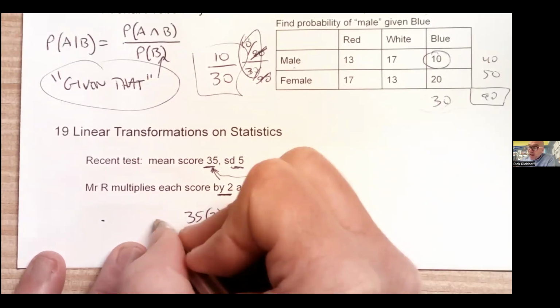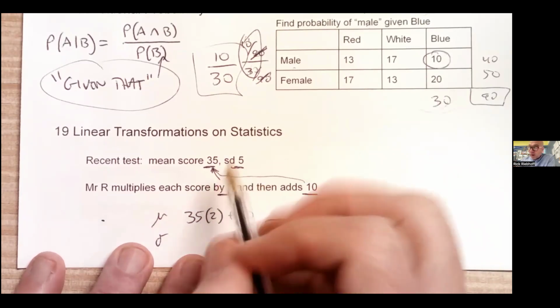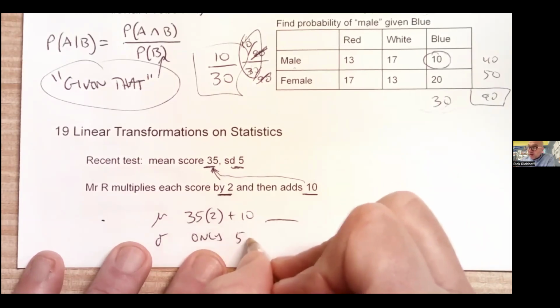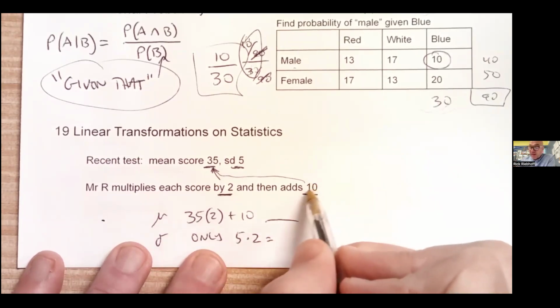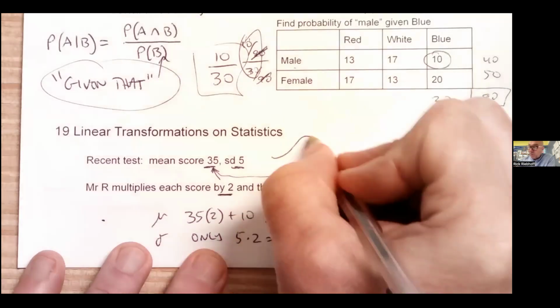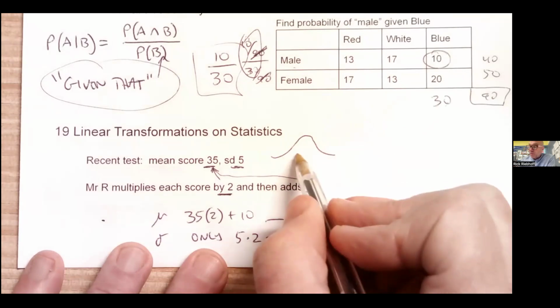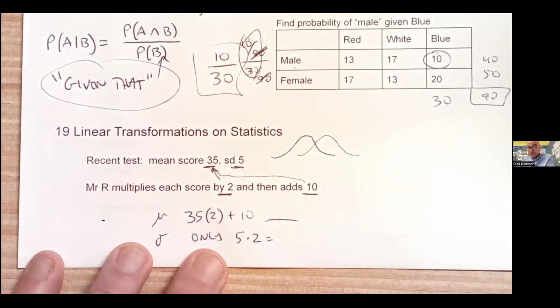Everybody's score is going up. But the standard deviation is going to change only by which one? Only by the multiplying, right? Only 5 times 2. Okay, it's not going to be affected by this. Remember, you can always draw a picture of it. If I add the same thing to everything in this distribution, it just moves over. Same standard deviation, same range, same IQR, right?